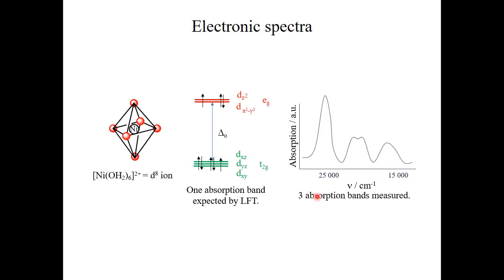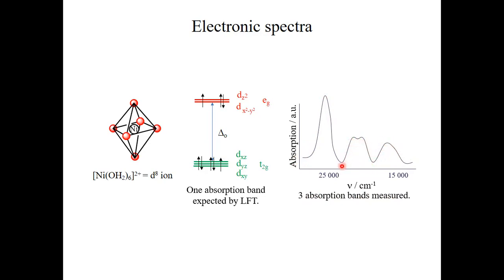So we would have at least 3 absorption bands present. You see here this one, then this one, that's actually even 2 overlapping, and there's another one, and there could even be multiple bands overlapping underneath this band here.